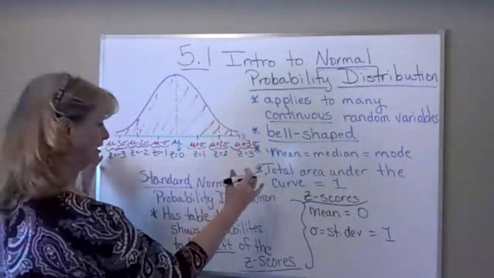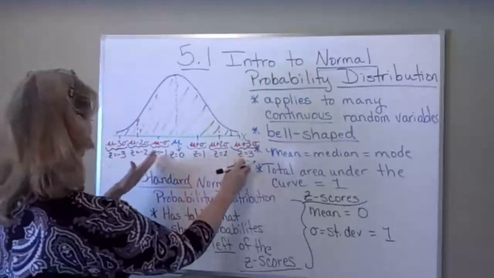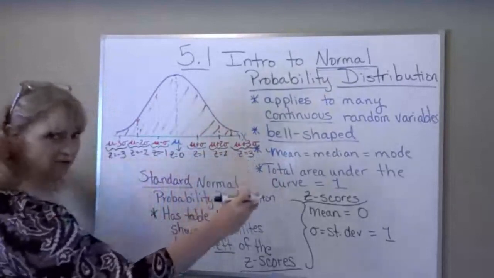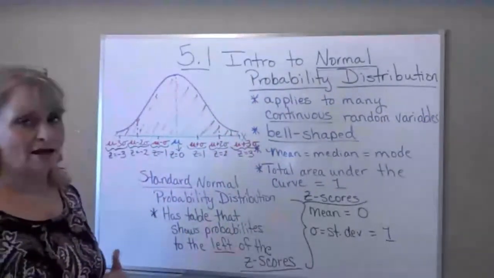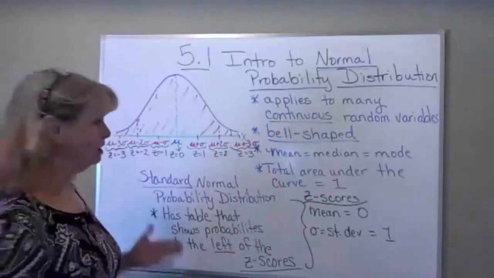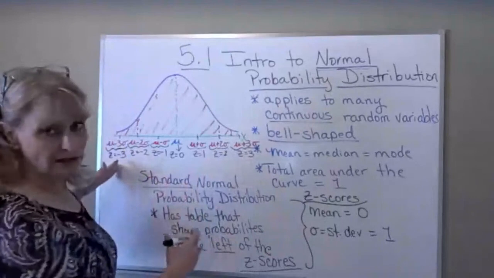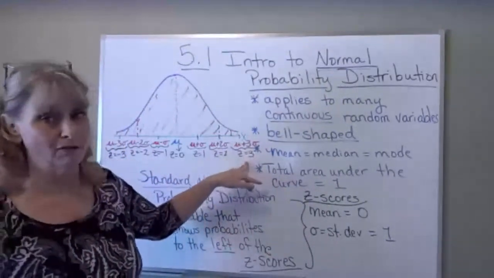So it ends up looking like a regular number line with 0 in the middle: 1, 2, 3, -1, -2, -3, -4. And it can go on forever. But we know that 99.7% of the data values will be between z = -3 and the data value that has a z-score of +3.